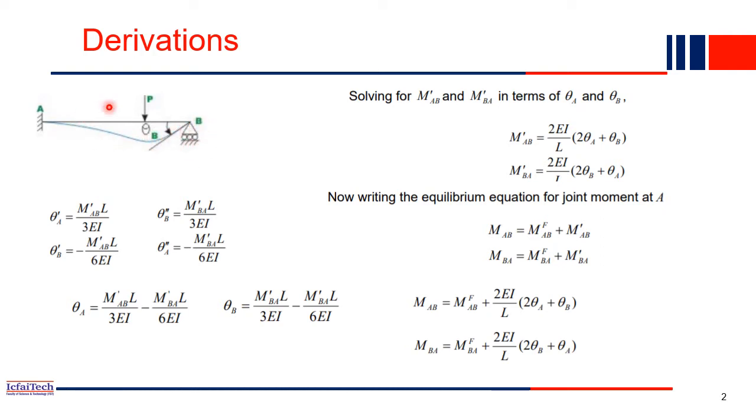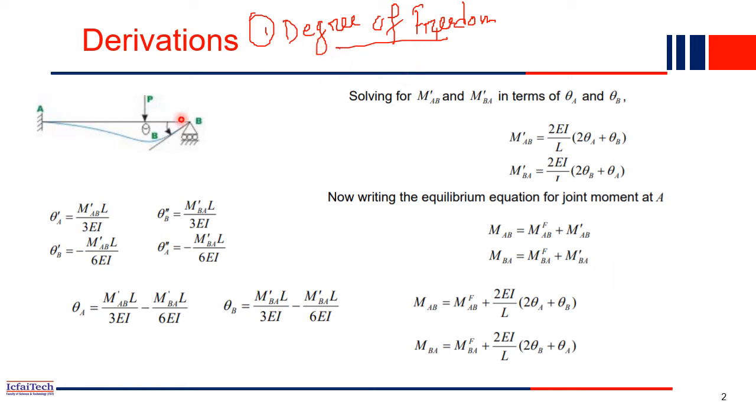So in this method, we have to understand few more things. What is degree of freedom? So first we have to understand degree of freedom. What is the meaning of degree of freedom? Already I think many of you know what is degree of freedom, but still I'll explain once again here.